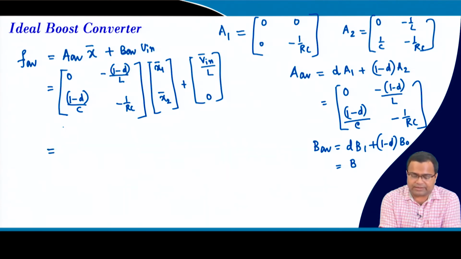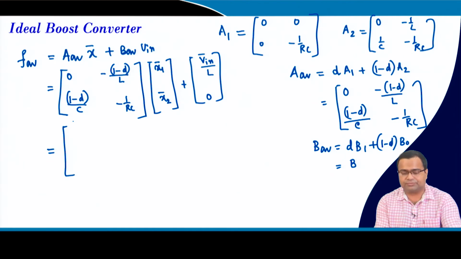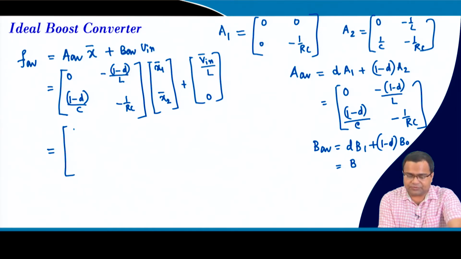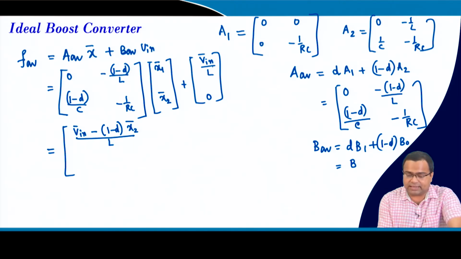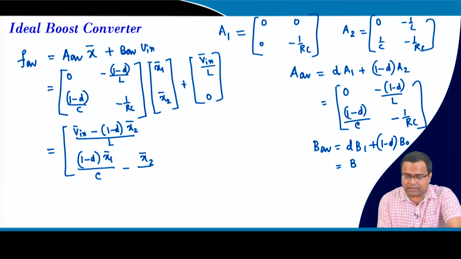So, which can be written as, if you write it down, you will get V in average minus (1 minus D) into X2 average by L, and on this side what you can write is (1 minus D) X1 by C minus X2 by RC.